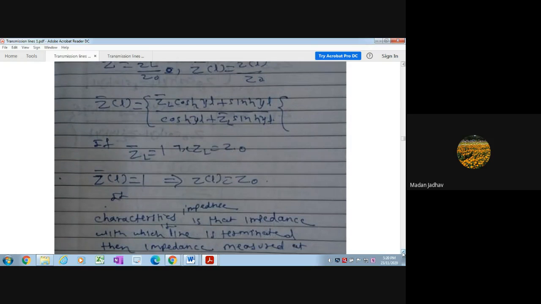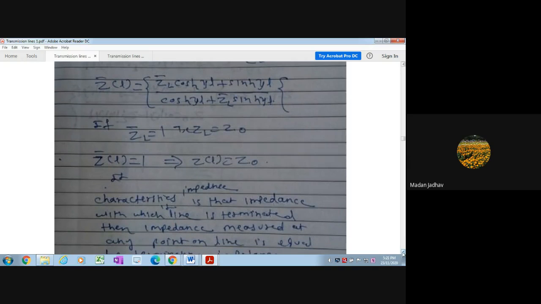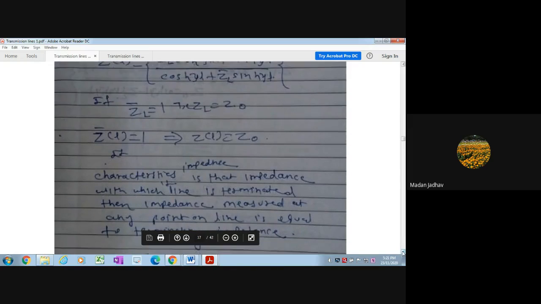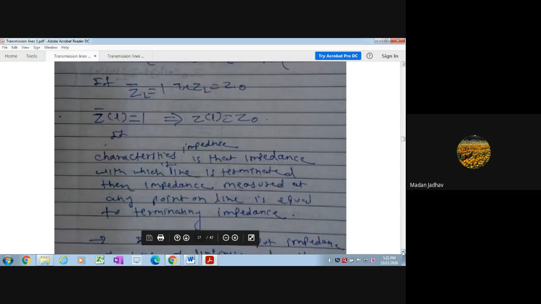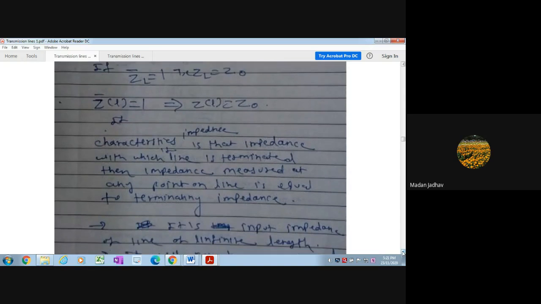Now, ZL bar equal to 1 is nothing but ZL equal to Z naught. That is the impedance matching condition. When ZL is equal to Z naught, that condition is called the impedance matching condition. The characteristic impedance is that impedance with which the line is terminated.